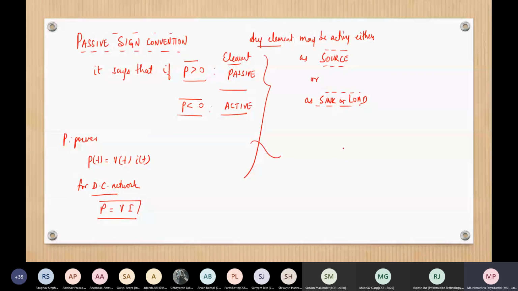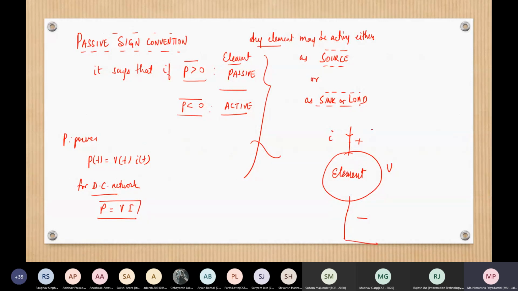And what is the sign convention? This is your element, suppose. For passive sign convention, positive voltage is taken if this terminal is at higher potential, and positive current is taken if a positive current is entering into this.